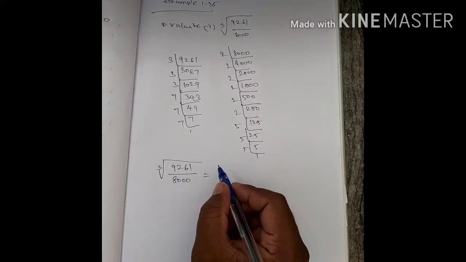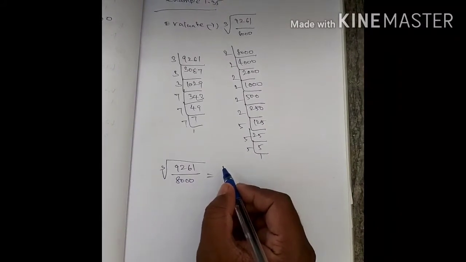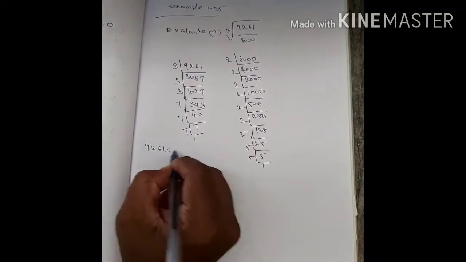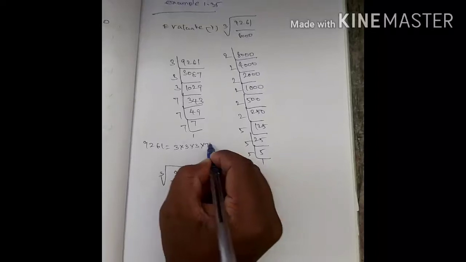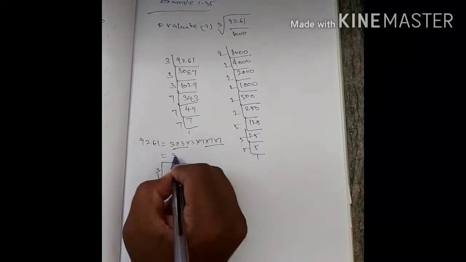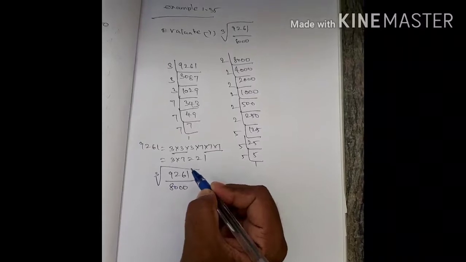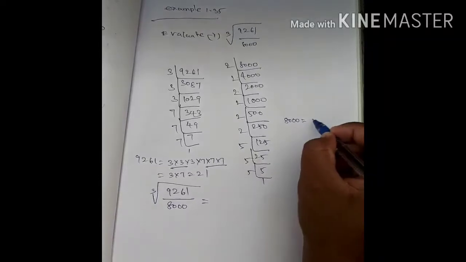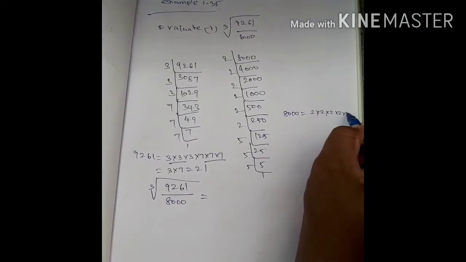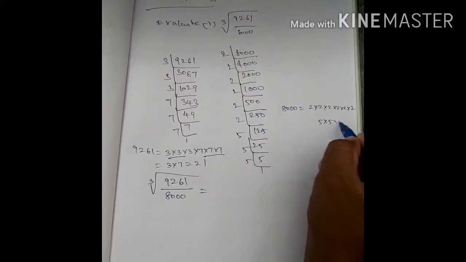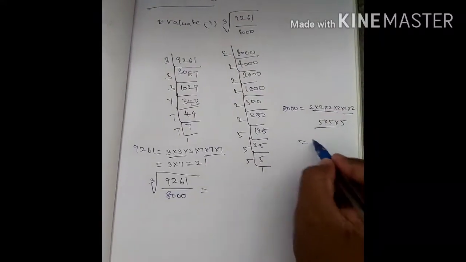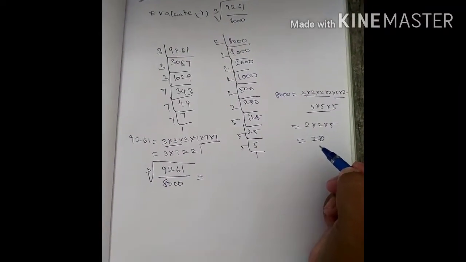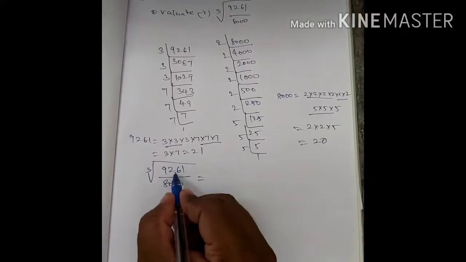So the cube root of 9261 by 8000. We check the cube root: 9261 equals 3 multiply 3 multiply 3 and 7 multiply 7 multiply 7, 2 triplets, so 3 multiply 7 equals 21. In the same manner 8000 is calculated: 3 sets coming, 2 multiply 2 multiply 2 one time, again 2 multiply 2 multiply 2 one time, again 5 into 5 into 5 one time. So 2 multiply 2 multiply 5, 2 2s are 4, 4 5s are 20.